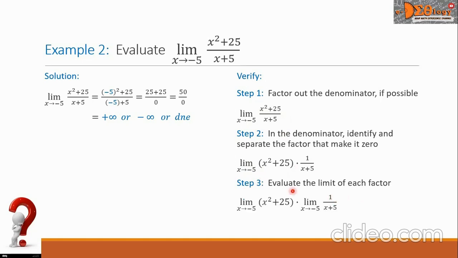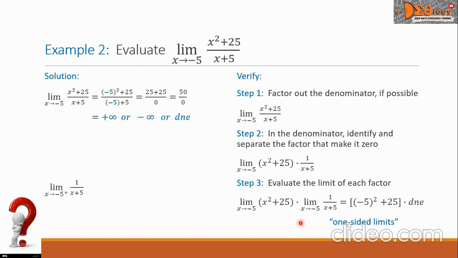So we're taking the limit of this function times the limit of this function. Evaluating the limit here, we have now the quantity the square of negative 5 plus 25. The limit of this function here will give us DNE, which means does not exist. As background, let us remember the one-sided limits.